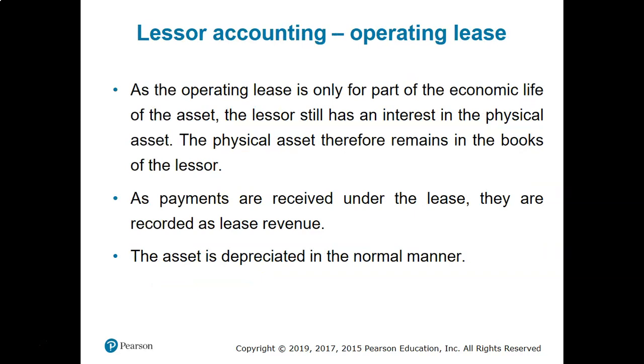But in case of operating lease, because the lessee is not getting the ownership of the asset, the ownership still remains with the lessor. So in this case, the lessor will recognize the asset in the books of accounts, in the balance sheet. As a normal asset, the lessor will record the asset in his books of account and also recognize depreciation.